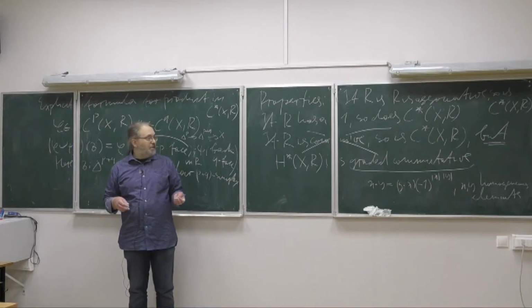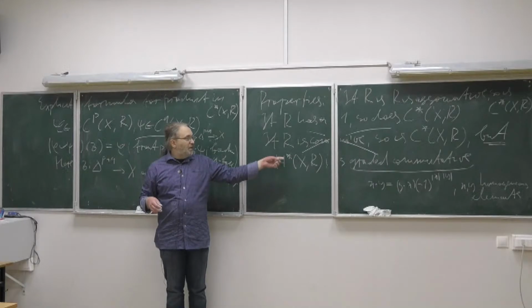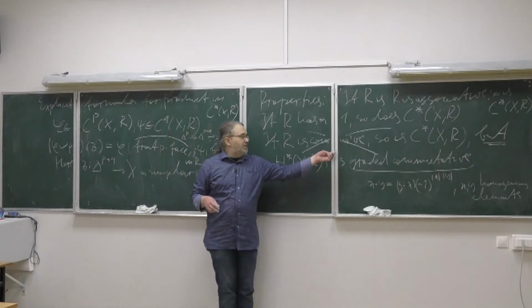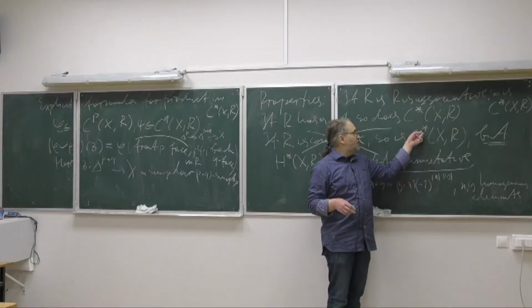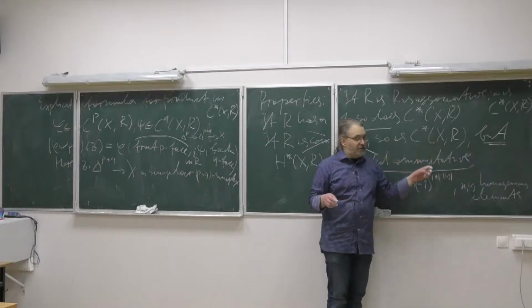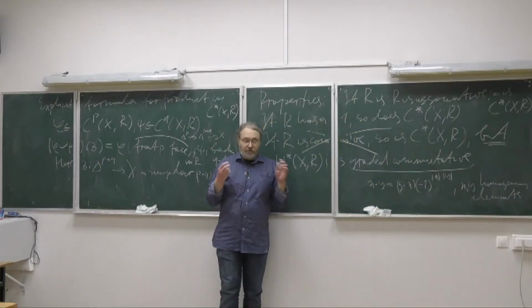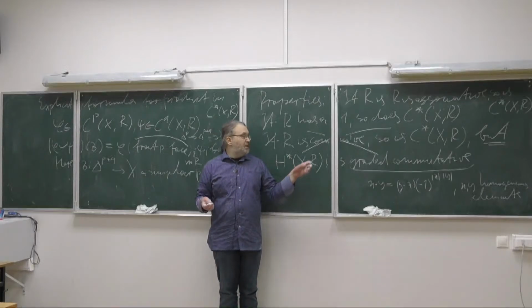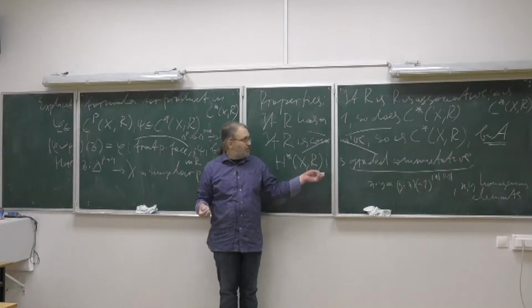Okay, so the algebra C upper star of X is not graded commutative on the nose, but the homology is.